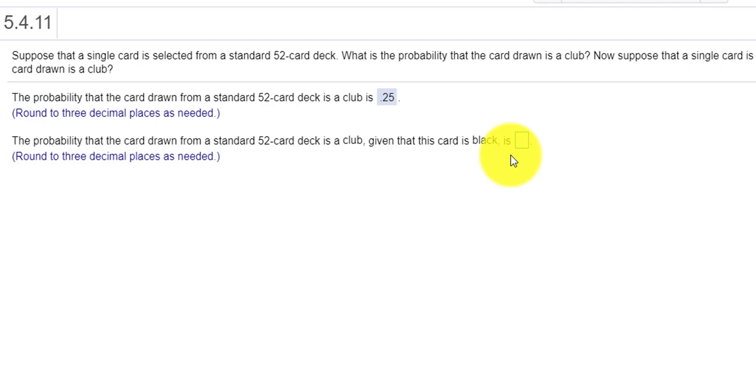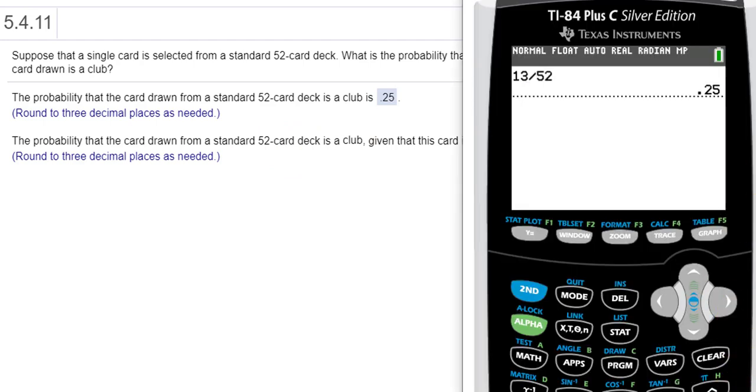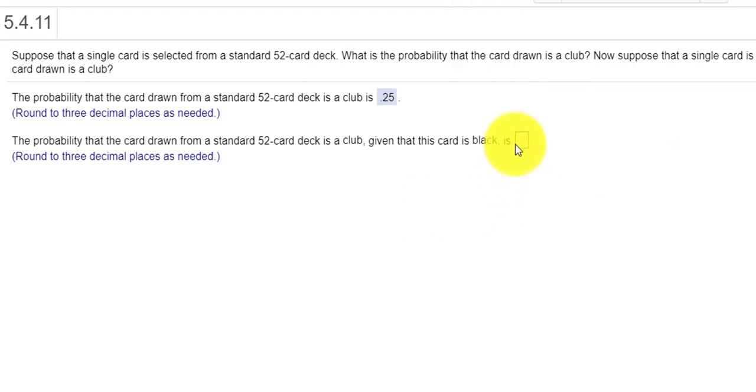So this should be 13 clubs out of the 26. Instead of 52 cards, we're eliminating the diamonds and the hearts, so there's only 26 cards left, half of 52. And that gives us 0.50.